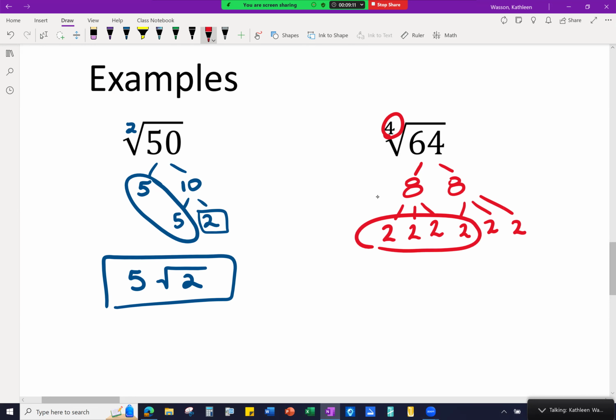So here I'll pull these 4, and then these 2. I don't have enough other 2's to be able to simplify out another group. So I'll have 1, 2 to represent this group of 4, and remaining in the radical, which is a fourth root, I'll have 2 times 2. I'll multiply those back together.